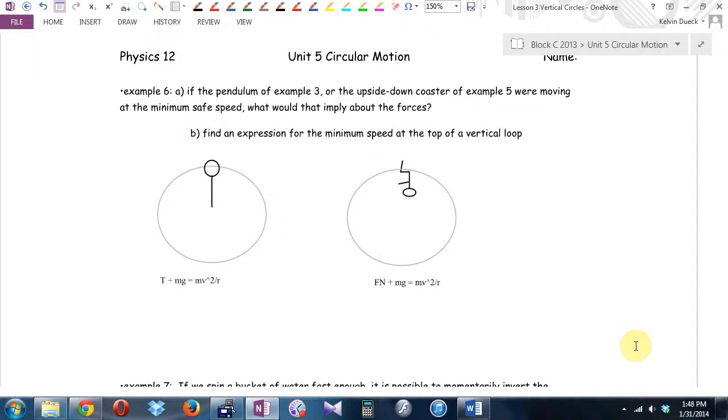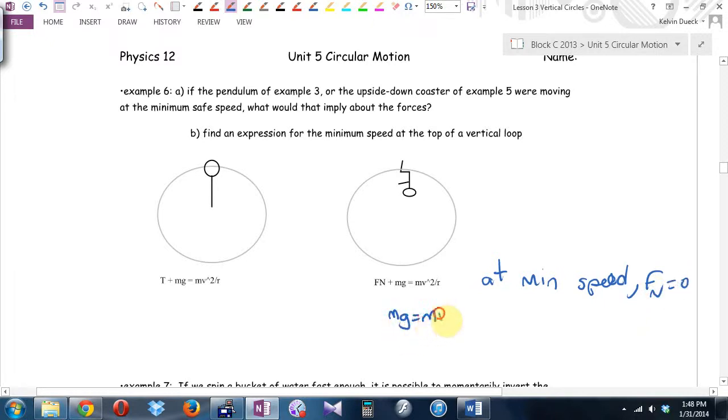At minimum speed, so you'd have this. I can give you the expression for the minimum safe speed.